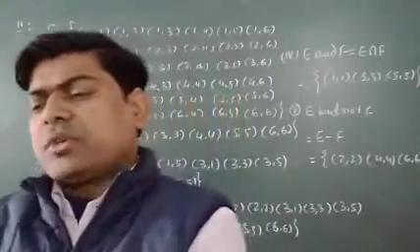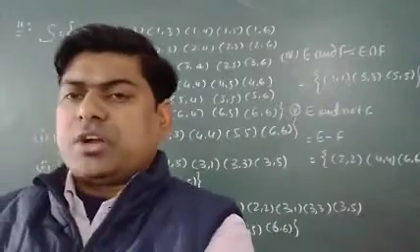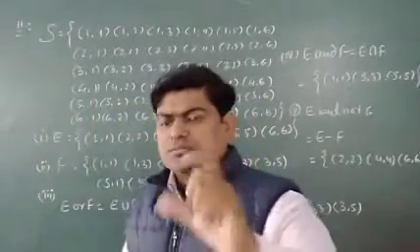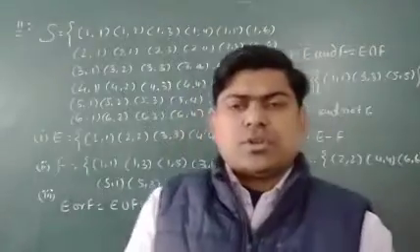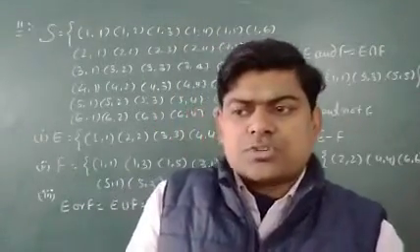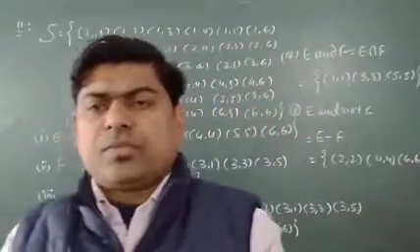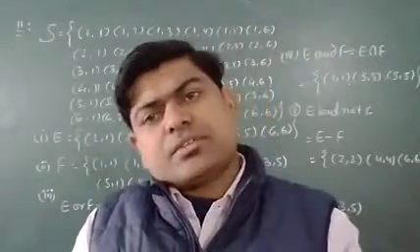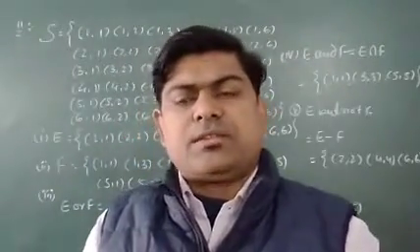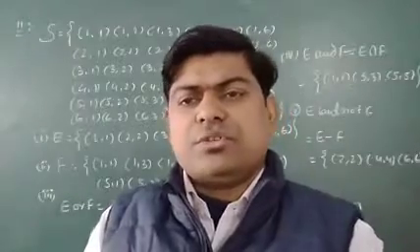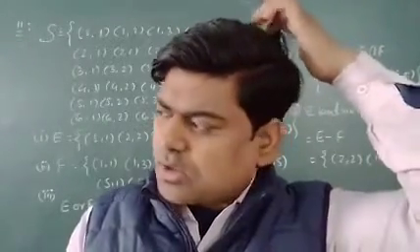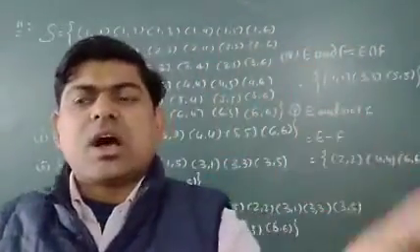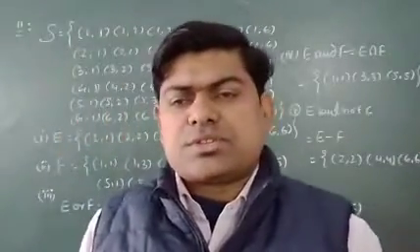Because if we are forming the group, we are taking a group of two girls. So either we take G1 G2 or G2 G1, both are the same. We can't take them as separate elements. I think I can say Sita Gita or Gita Sita, both are the same thing.